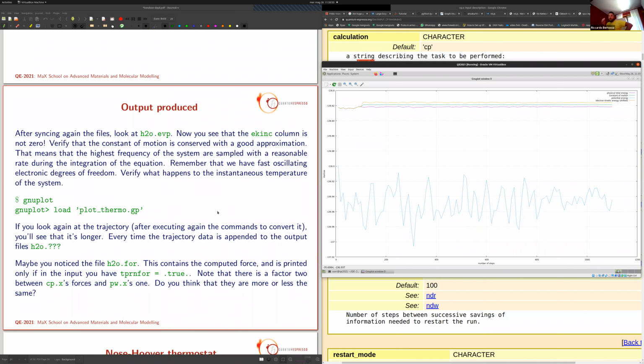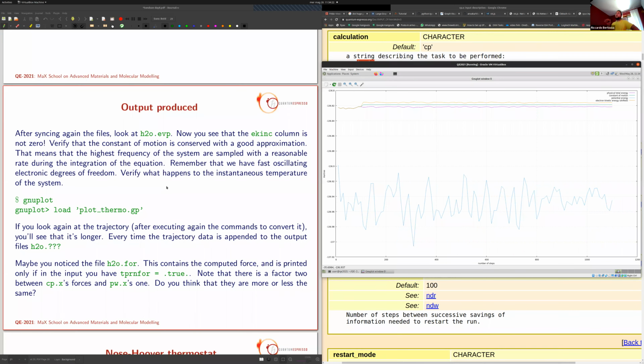The forces, as I told you before, and also as Sandro told you before, are not exactly the ones given by the PW code, for example, because the ground state keeps oscillating in the minimum of the potential, and it is not always exactly the same.